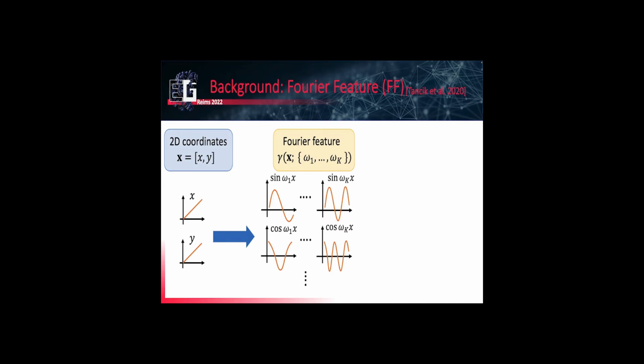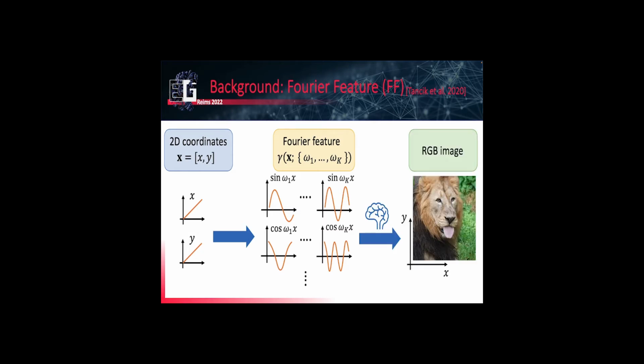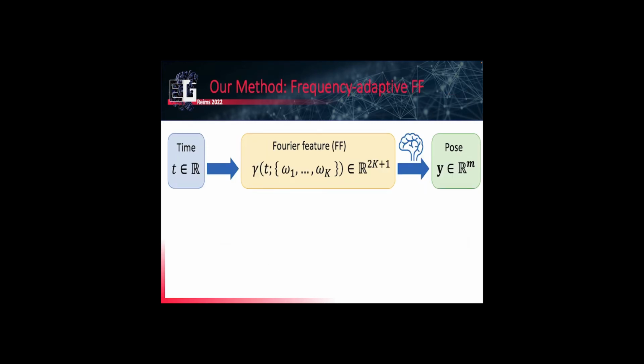The Fourier feature is then used by the MLP to predict the image pixels that contain rich and high-frequency information like this lion in the RGB image. We draw inspiration from these studies and use the Fourier feature to reconstruct the motion sequence from the scalar time signal.